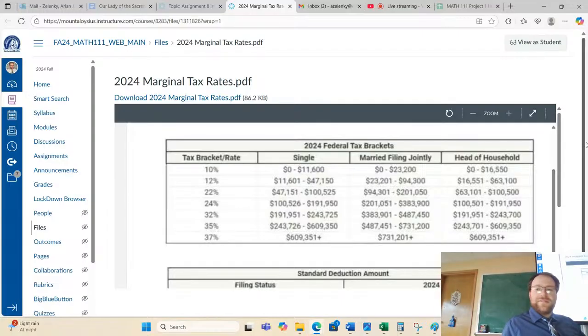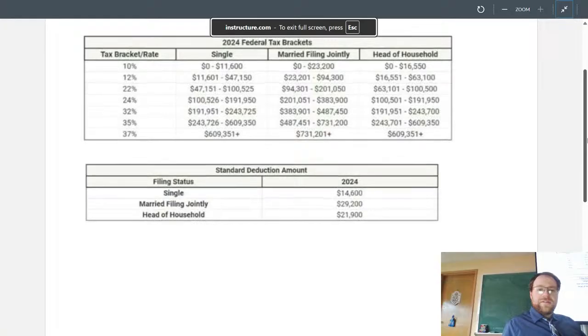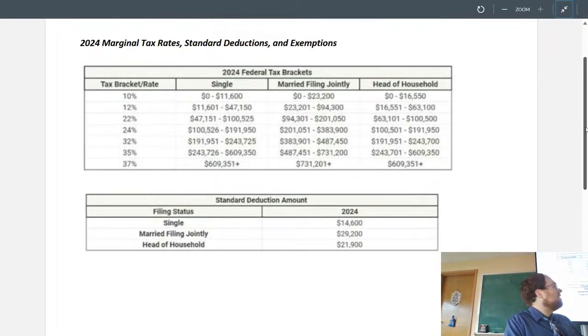Okay. Was it 47,150 times 12%? Was that the other one? It's close, just because you're starting off at the 11,601 when you get to that bracket there.